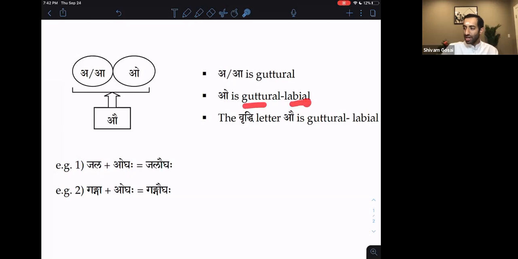This makes sense because o is guttural labial, with our throat and our lips, and ow is made with our throat and our lips too. So you get jala plus ogha becomes jalaugha. We saw ogha means a stream, or a flow of water. So jala is water, ogha is a stream or a flow. Ganga plus ogha is gangaugha. These look pretty similar again, so they're easy to remember that they go together. You just get one more feather in its cap.